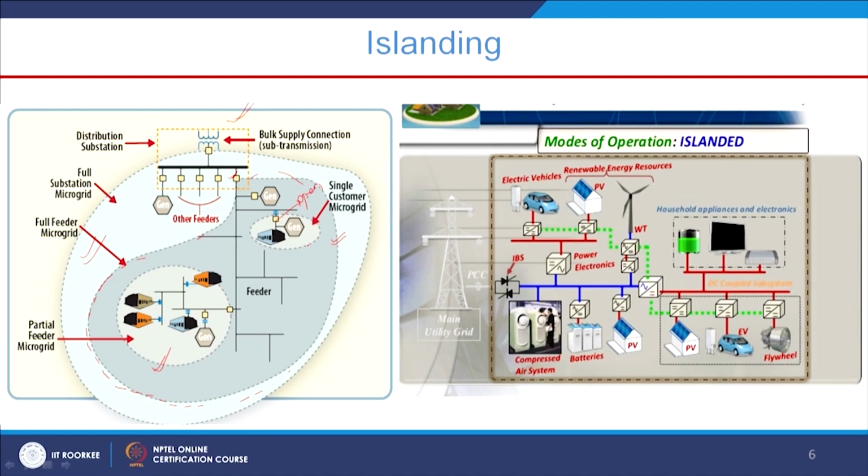Similarly, if this breaker is open, the partial feeder microgrid system is going to be isolated from the main grid. Depending on the structure, planning or layout of the distribution system or distributed energy resources network, different types of islanding are going to appear.